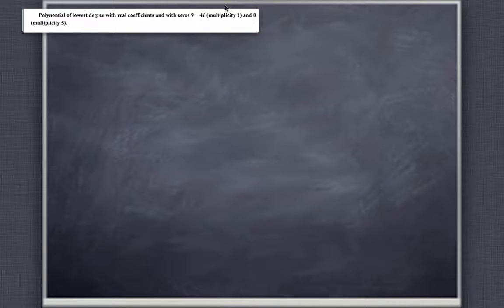That means we also have a 0 of 9 plus 4i. I can't have one without the other. If this one has multiplicity 1, this one has multiplicity 1. And it has a 0 of 0 with multiplicity 5.